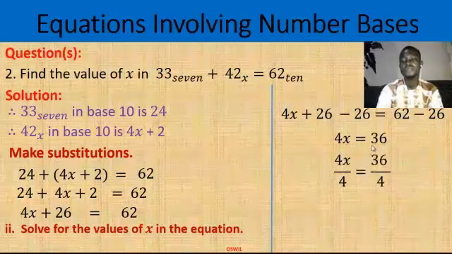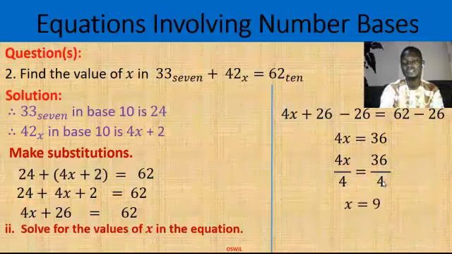Then we divide both sides by 4 because we want to find the value of x, not 4x. So 4 would go into 4, and it will be left with x equal to 36 divided by 4, which gives us 9.